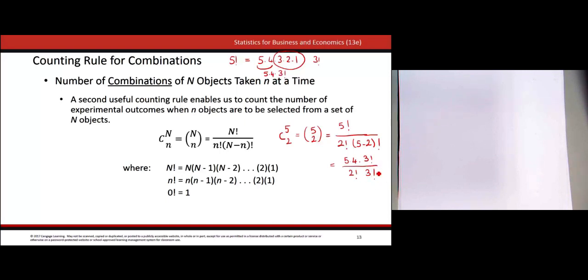Because we have 3 factorial in the denominator, we can cancel it, which gives 20 divided by 2. 2 factorial is 2, because 2 times 1 is 2. 0 factorial is 1, by definition, which gives 10.